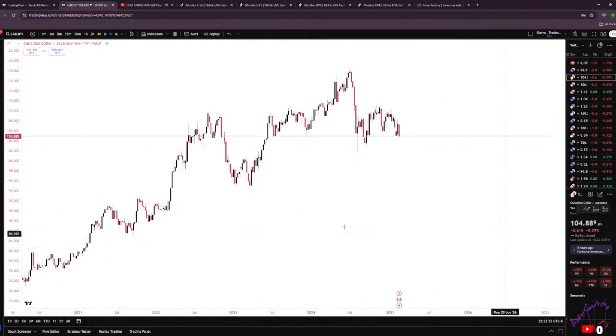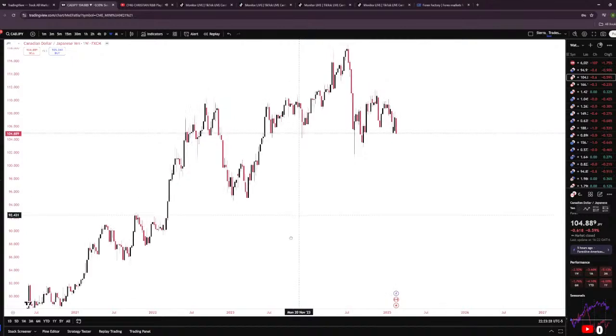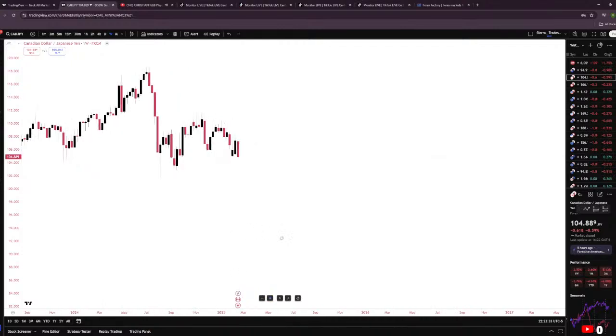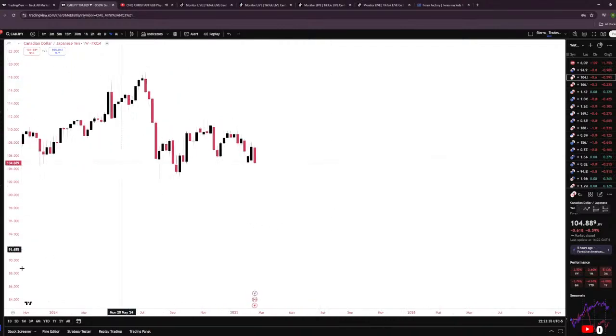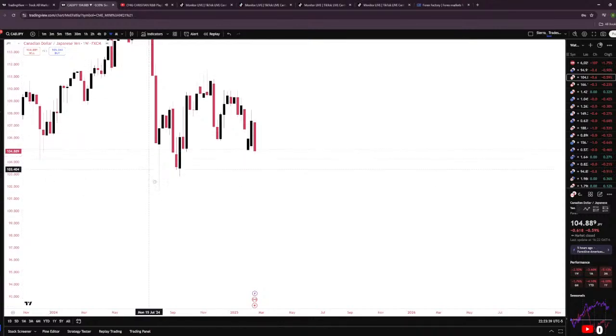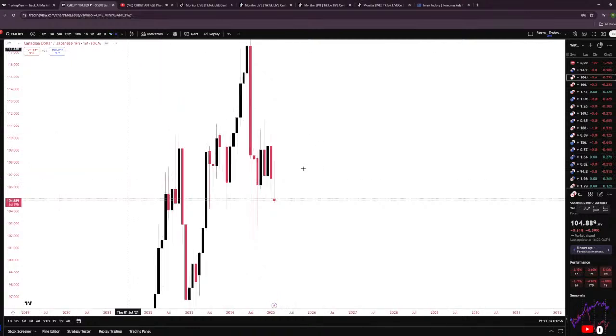All right, so if you're new here, I trade Romeo CRT method with ICT concepts. So on currency pairs, I look for a run on a high or a low on the monthly or the weekly CRT. This week I was looking at the weekly, because when I looked at the monthly, I noticed that price was still inside the range.